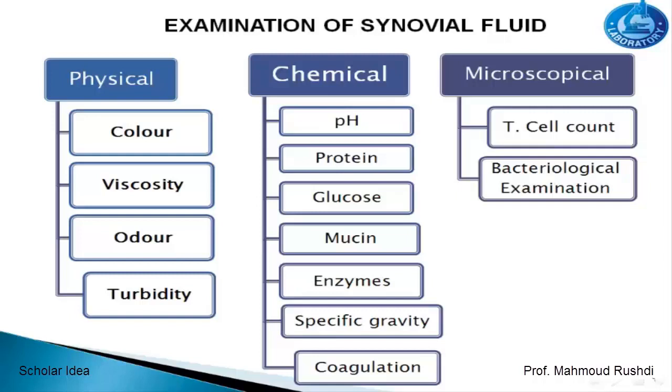The physical or gross examination includes color, viscosity, odor, and turbidity of the synovial fluid. The chemical examination includes the pH, protein, glucose, mucin, enzymes, specific gravity, and coagulation. The microscopical examination includes total cell count and bacteriological examination.